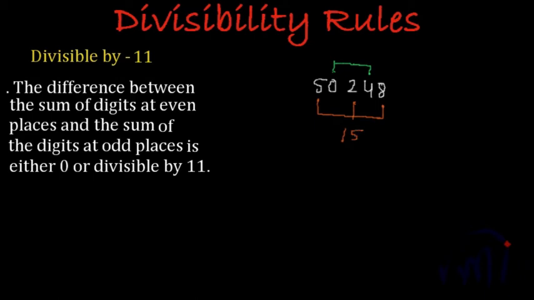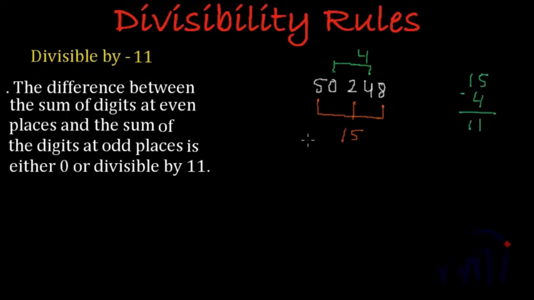Similarly, the sum of the digits at even places is 4 plus 0, 4, right? And what we have to do now? Yes, we have to find the difference. So to find the difference, what we do? We subtract the smaller number, which is 4 over here, from the bigger number, which is 15, right? We have to do 15 minus 4, and this gives us 11, right?